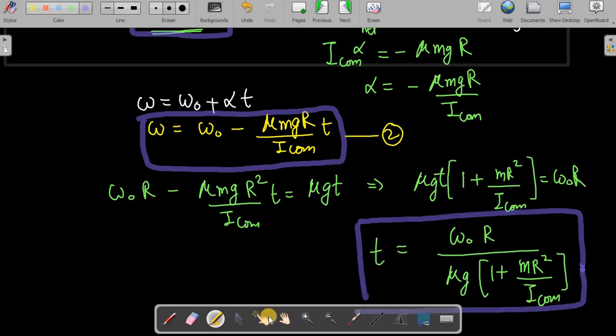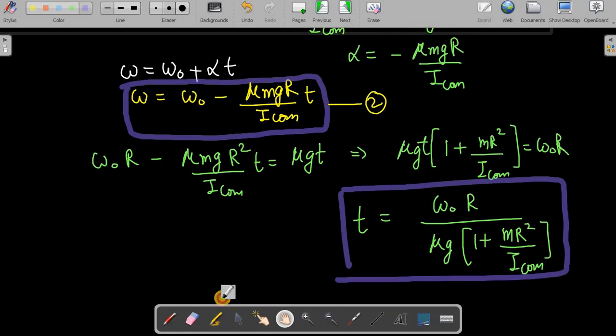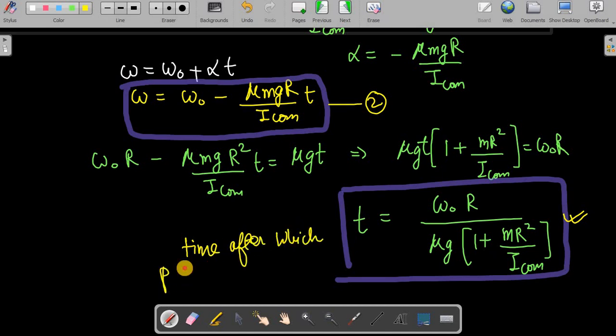For any round object with the same conditions given in the question, you will be able to find the time after which pure rolling starts. Okay, so that's the important formula.